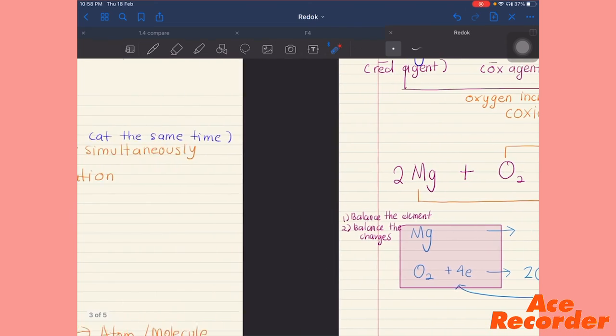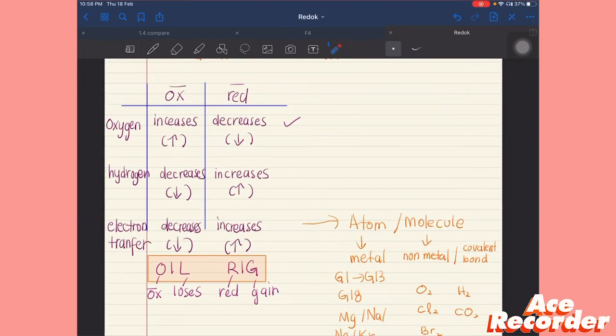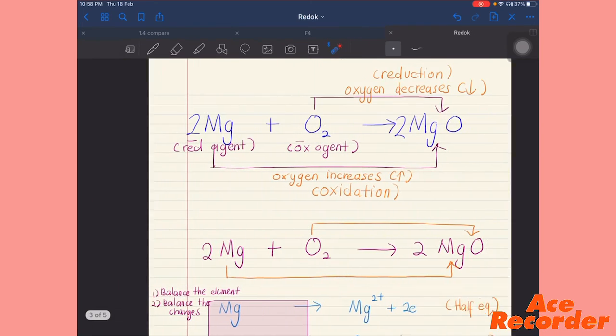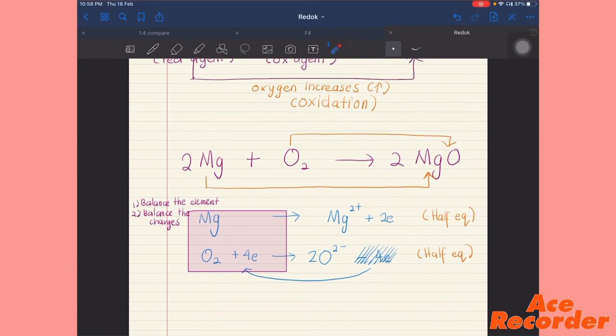Gaining. So you look at the rules there. When the electron transfer increases or gaining, what do we call it? Reduction. So if gaining electron, what do we call it? Reduction.